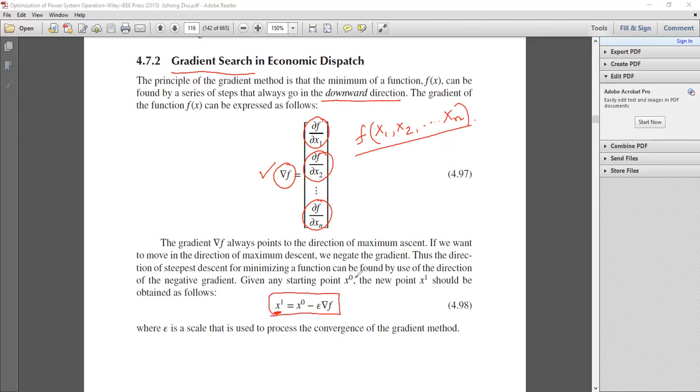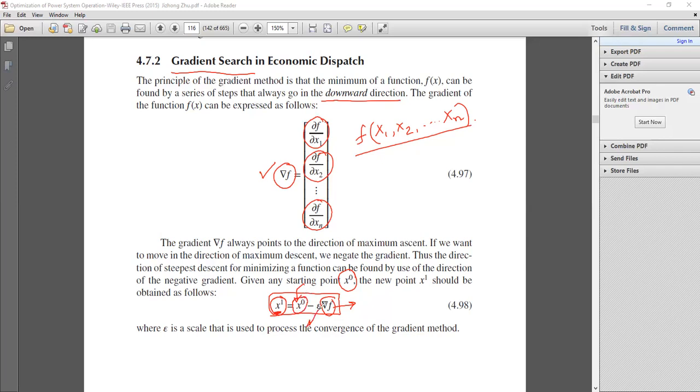So the algorithm should start from some initial condition. Let's say this x naught is the vector of the initial unknown variables. Del f is the gradient calculated. And as I said in the last class, I also repeat here that this gradient has to be calculated at a certain operating point, the previous operating point. If I am looking for the value of the x vector at the first iteration, then I know what x naught is.